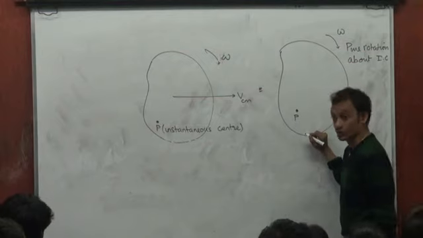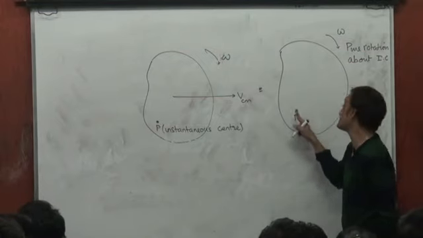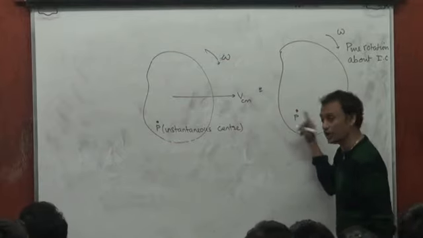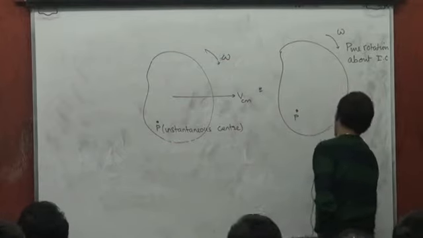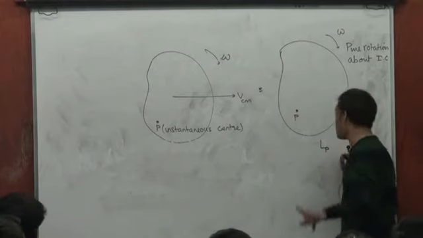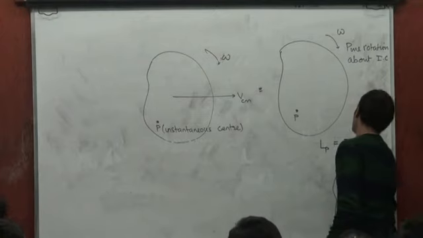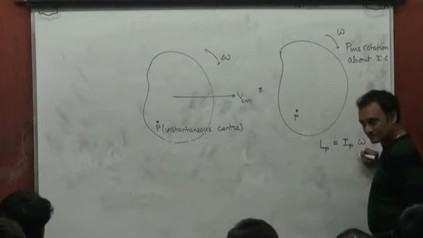In a state of pure rotation, the angular momentum is I about P into omega, yes or no? So angular momentum about P in pure rotation is I about P into omega, right?